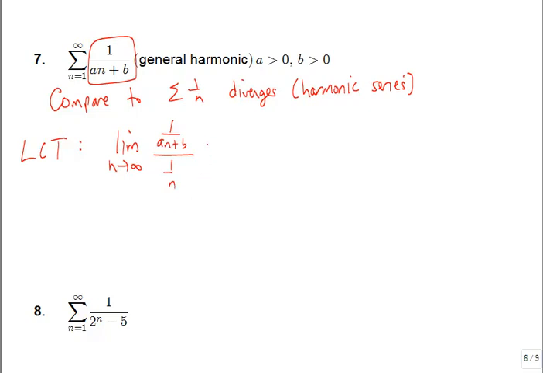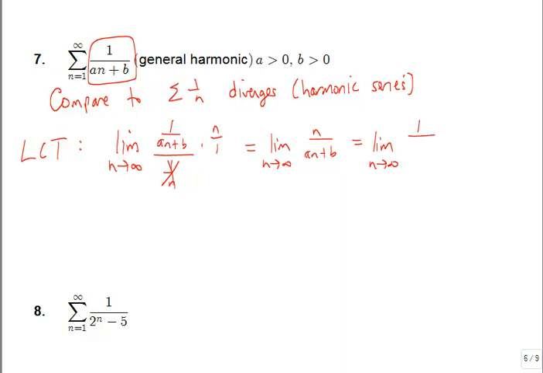Now you're going to have to do a little bit of algebra here. I'm just going to multiply by the reciprocal. So this becomes the limit, as n goes to infinity, of n over an plus b. And now at this point, if you plug in infinity, this is just going to be infinity over infinity. So you could use L'Hopital's rule, and the derivative on top goes to 1.